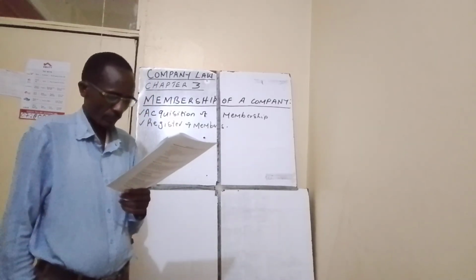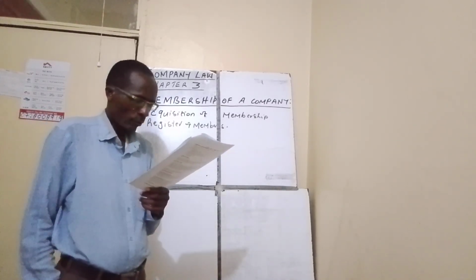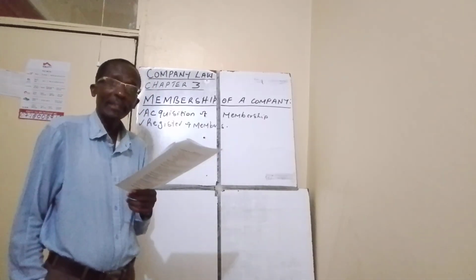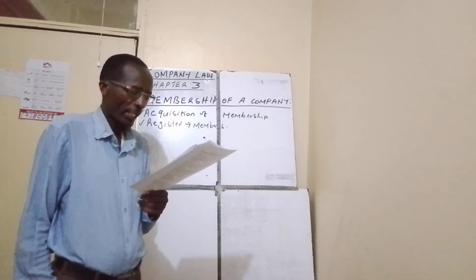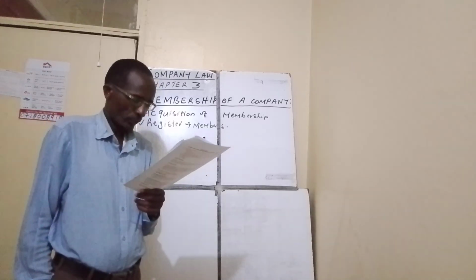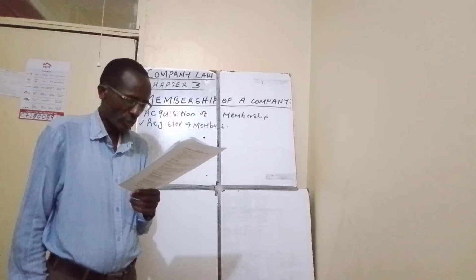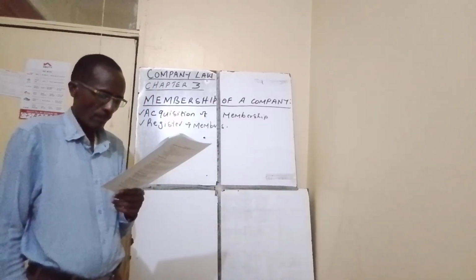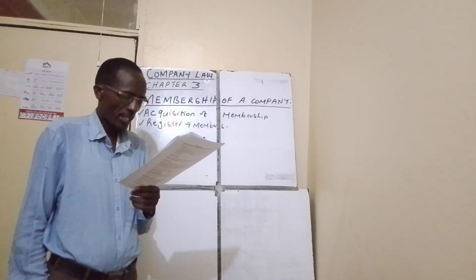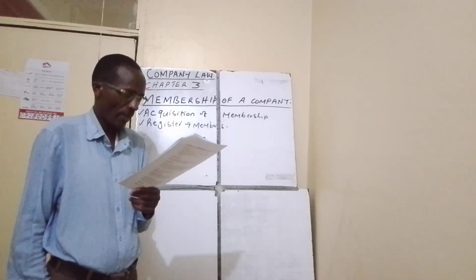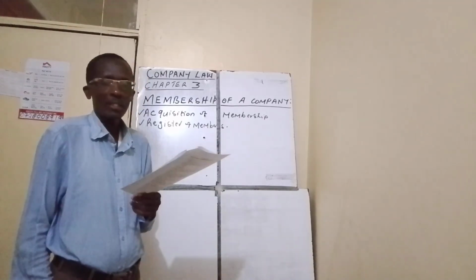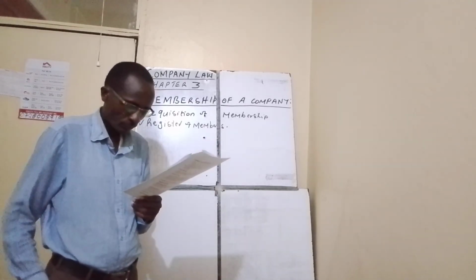However, 1, if the work of making it up is being done in some other office of the company, it may be kept at that office. Number 2, if the company has engaged a third party to make up the register on its behalf, it may be kept in that person's office. And number 3, the register of members must not be kept outside Kenya.